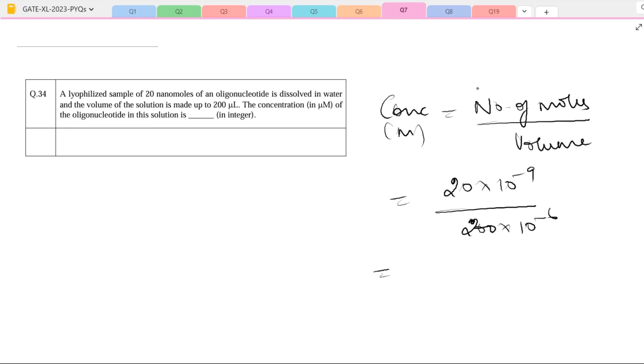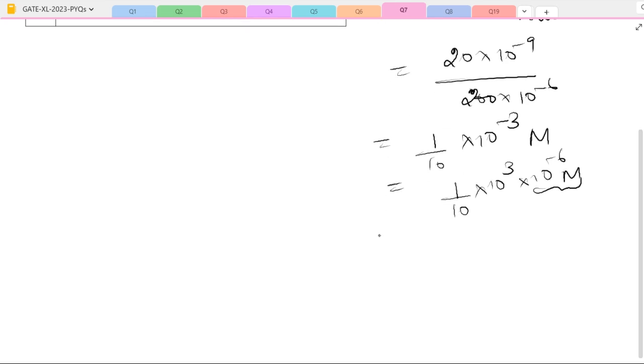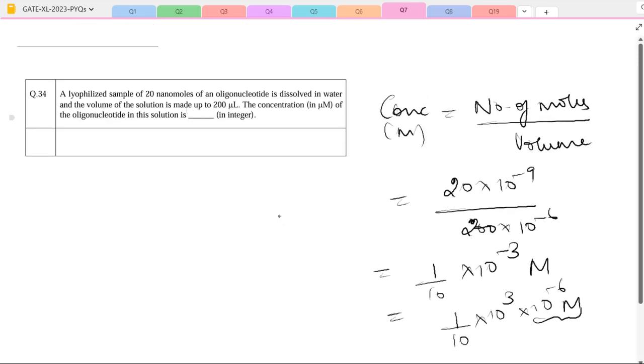If you calculate, you will get the answer to be 1 by 10 into 10 power minus 3 molar. However, they ask the answer in micromolar. So you get 1 by 10 into 10 cube into 10 power minus 6 molar. 10 power minus 6 molar is micromolar. So that will be 1000 by 10, which is 100 micromolar. So the final answer in integer is 100 micromolar.